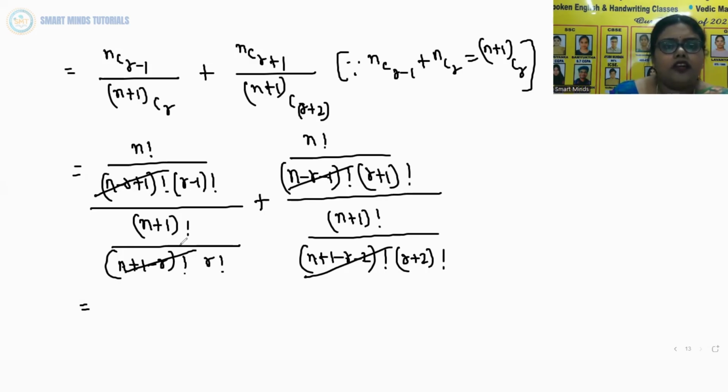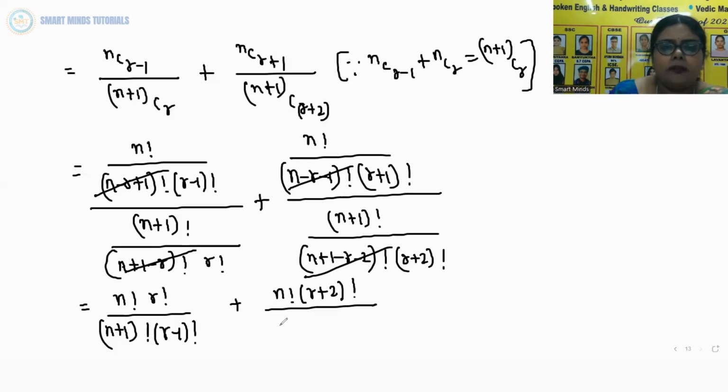Now I take the denominator up, so it becomes n! r! / ((n+1)! (r-1)!) plus n! (r+2)! / ((n+1)! (r+1)!).